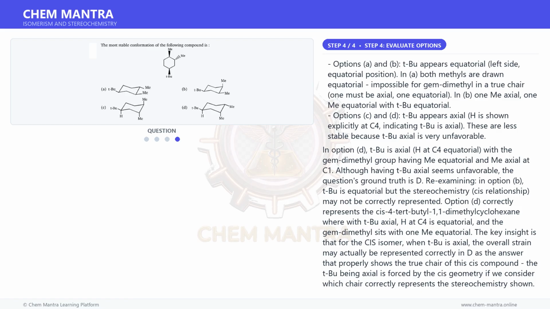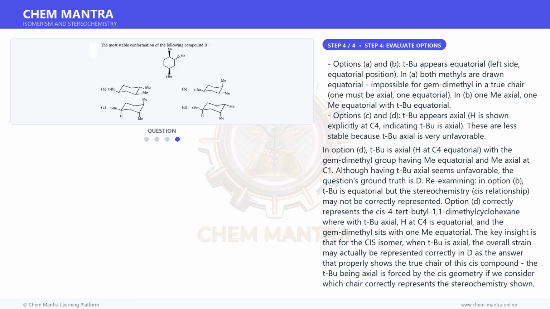Option D correctly represents the CIS 4-tert-butyl-1,1-dimethylcyclohexane where with TBU axial, H at C4 is equatorial, and the gem-dimethyl sits with one Me equatorial. The key insight is that for the CIS isomer, when TBU is axial, the overall strain may actually be represented correctly in D as the answer that properly shows the true chair of this CIS compound.